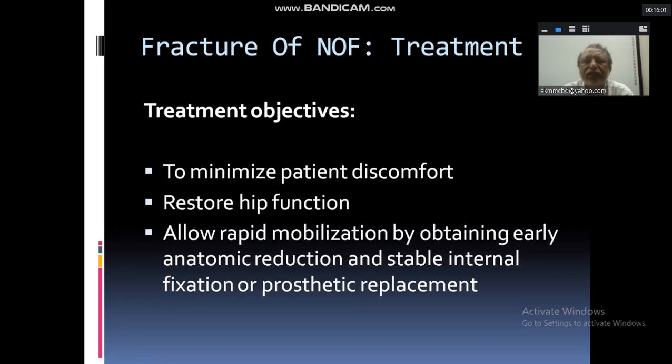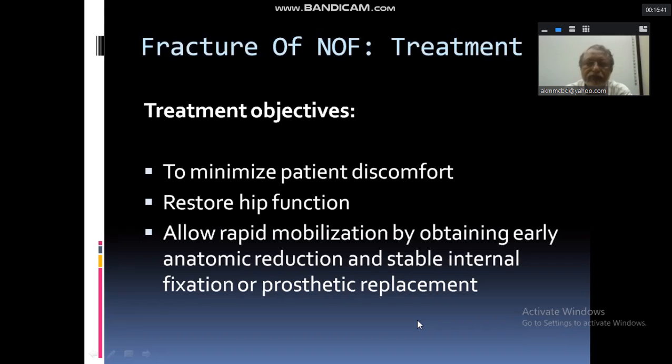For temporary stabilization, we can advise a skin traction system, and that will give comfort to the patient. To restore hip function, if the fracture is displaced, we need to reduce it absolutely, fully, 100% reduction, and stabilize it. So you need an operation. And to allow rapid mobilization, if you have stabilized by a good operating technique, you can allow early mobilization, maybe non-weight bearing.